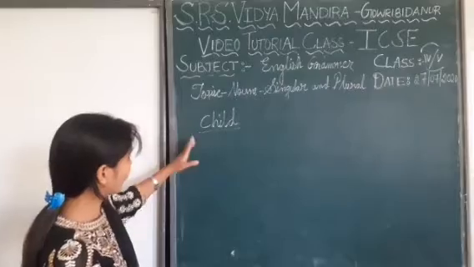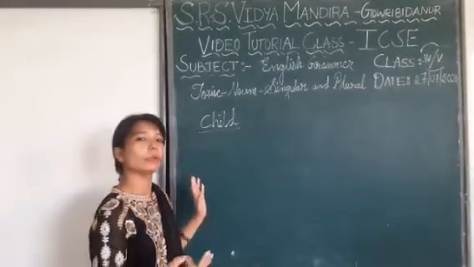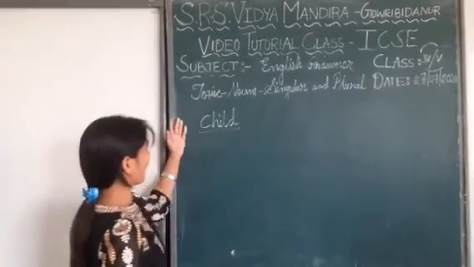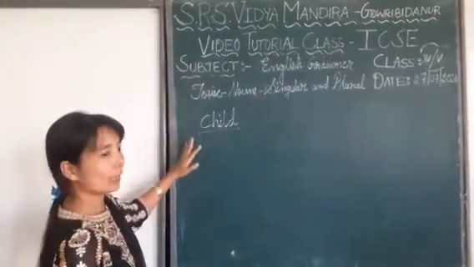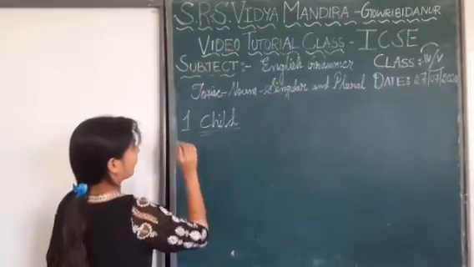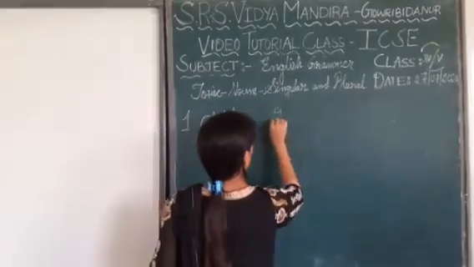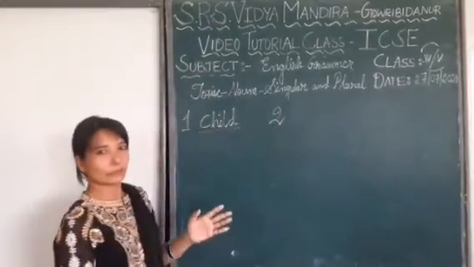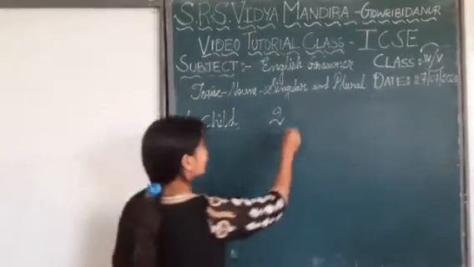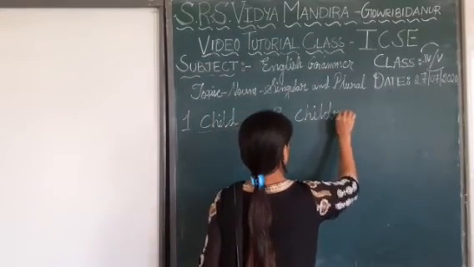But now some words totally change whenever we change into the plural form of the noun. So child is a singular, and whenever we want to write two children, how do we change it? Completely, it will be changed to children.